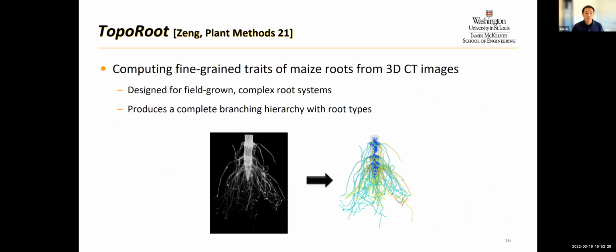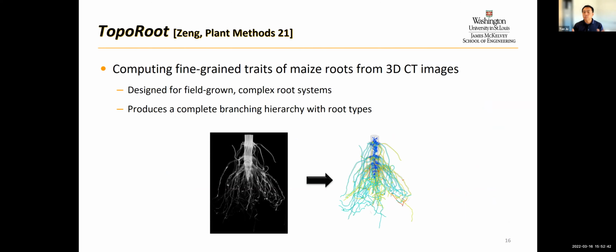And this is where our work comes in and tries to fill this gap, or make a step towards filling this gap. We created a tool called Topology, and I'll explain why it's called that in a minute.